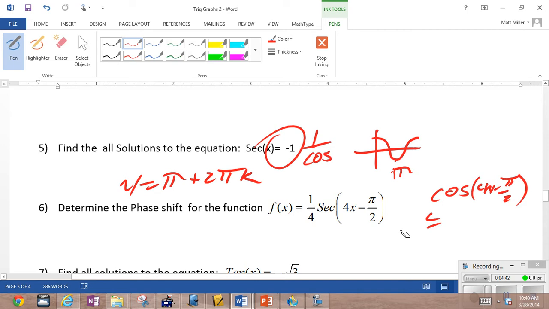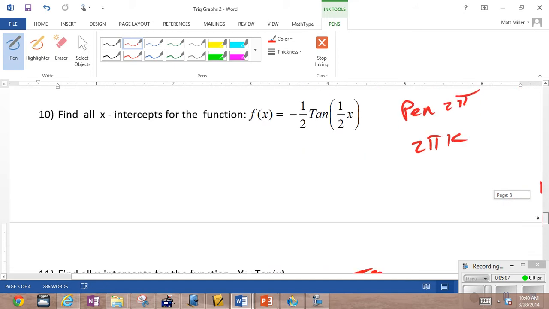I guess we'll put that as minus plus, which is usually how I indicate that. So then that would be what? Negative, it would be pi over 2 divided by 4, which is times 1/4, which is pi over 8 to the right, is going to be the phase shift of that function.